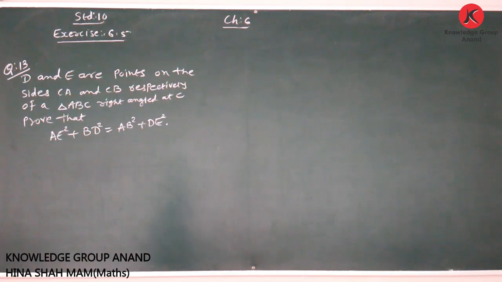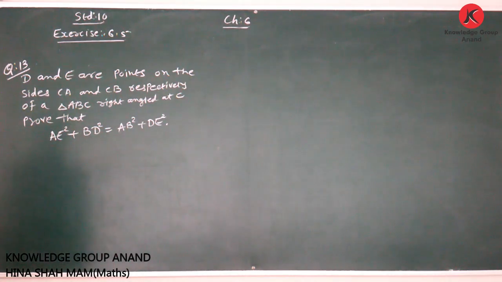Question number 13. D and E are points on the sides CA and CB respectively of triangle ABC, right angle at C. Prove that AE square plus BD square is equal to AB square plus DE square.